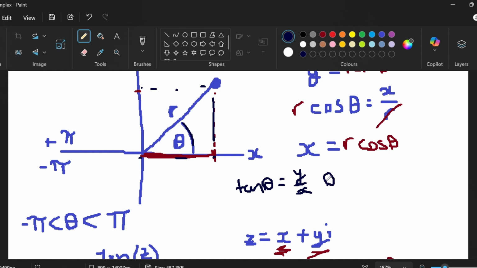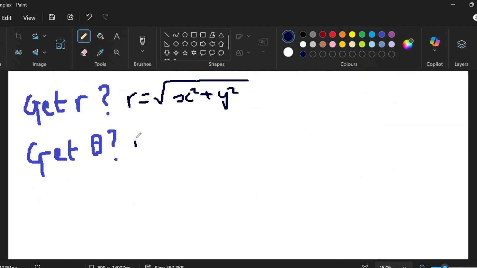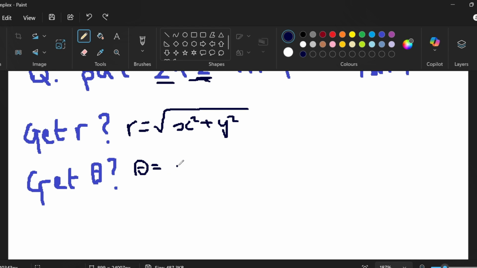So if I want the angle theta, then I use arctan in my calculator on y over x. So if we write this down here, we get theta by using arctan on y over x.